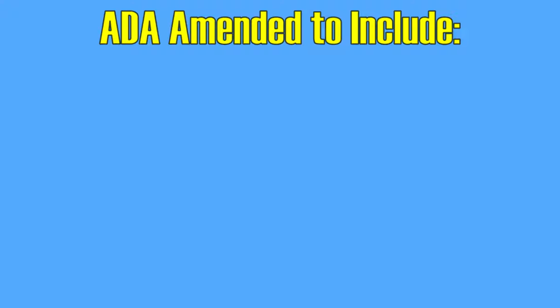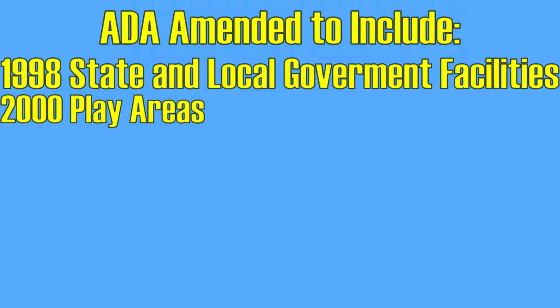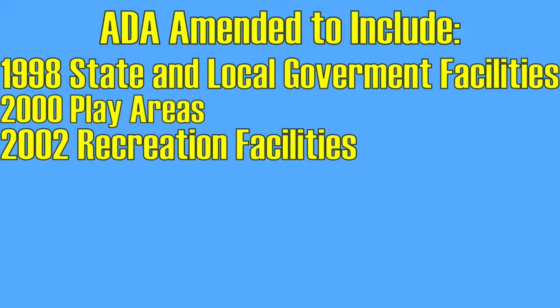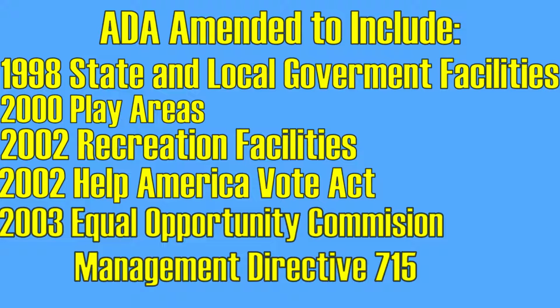The ADA accessibility guidelines have been amended to include guidelines for 1998 state and local government facilities, 2000 play areas, 2002 recreation facilities, 2002 Help America Vote Act, 2003 Equal Opportunity Commission Management Directive 715.